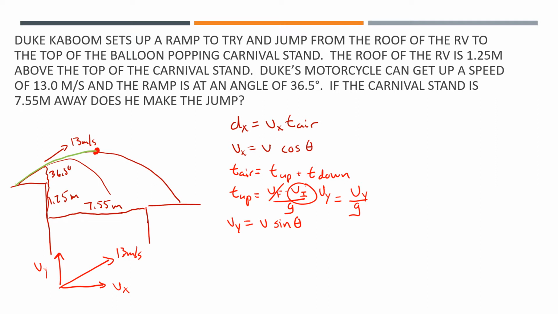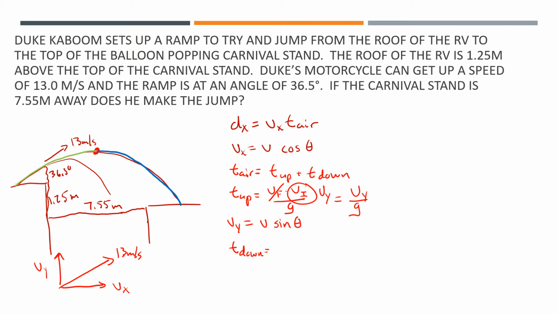That's great. How are we going to find our time it takes to come back down? So here's where, recalling again, we're talking about something coming down from that peak, and we're only talking about the vertical part of the motion because time in the air is only dependent on vertical motion. Okay? Horizontal part of the motion doesn't affect it.